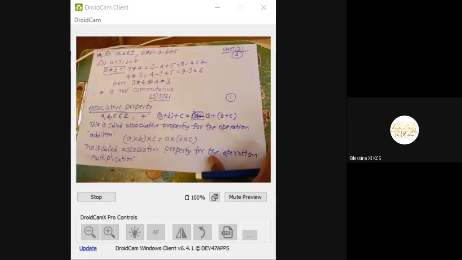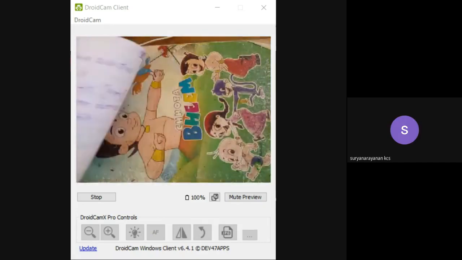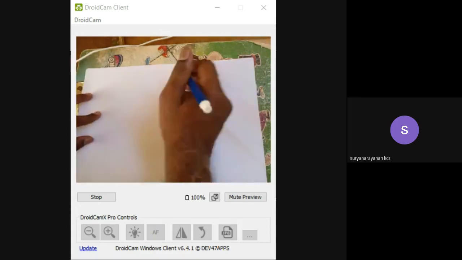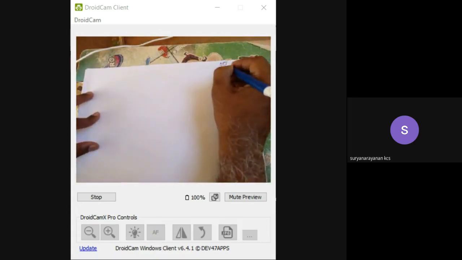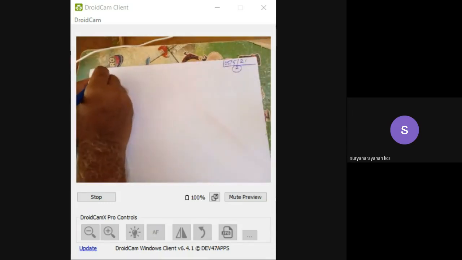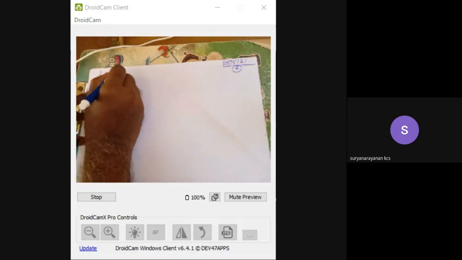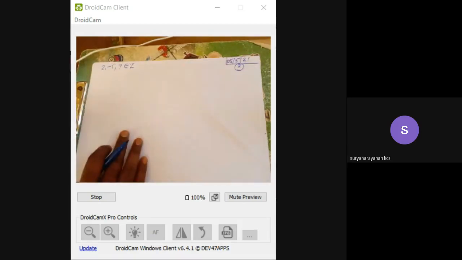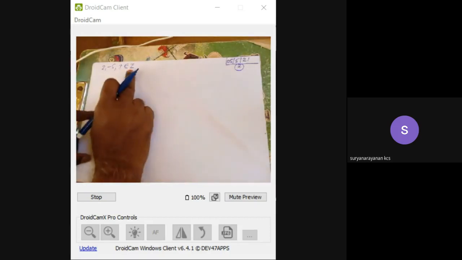Okay, sir. Now let us take some examples to understand this associative property. Suppose these are the three numbers from the set of integers we have taken.